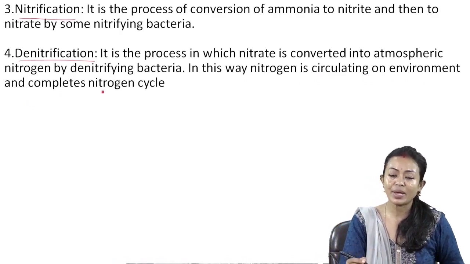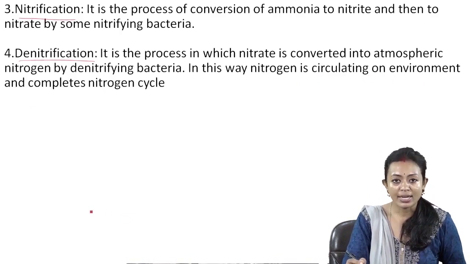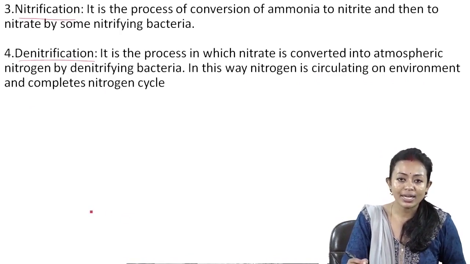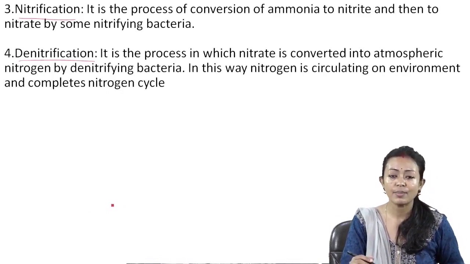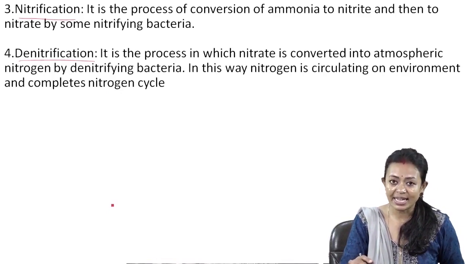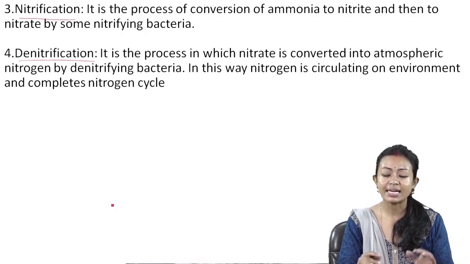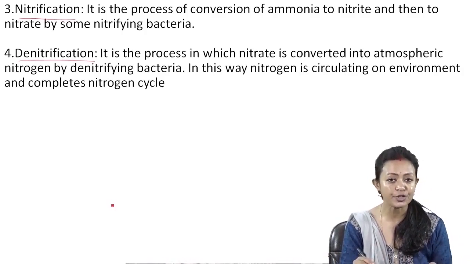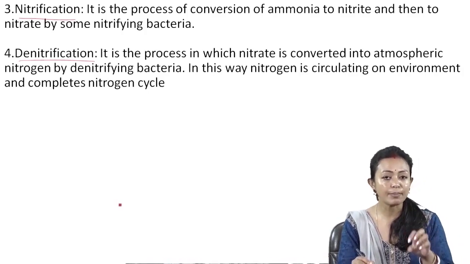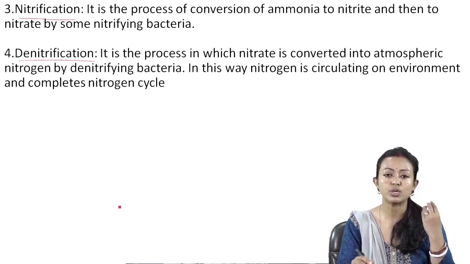Now, what happens when plants and living organisms containing amino acids, nucleic acids and different kinds of nitrogenous substances in their body die, when they perish? These plants and animals are then decomposed by bacteria. These decomposing bacteria tend to convert the nitrates into the atmospheric nitrogen.